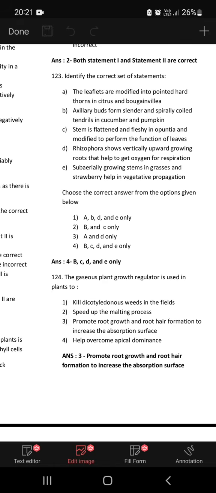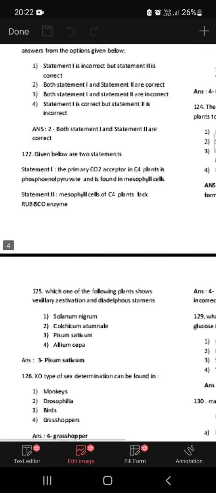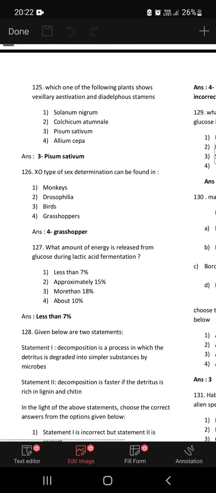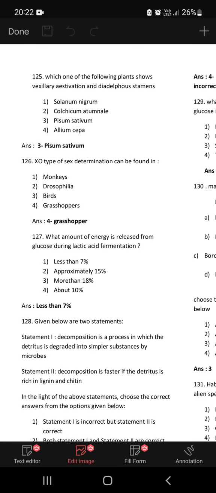Promote root growth and root hair formation to increase the absorption surface. Next question is from taxonomy. Which of the following plants shows vexillary aestivation and diadelphous stamens? It is from Fabaceae, so you just have to identify the member of Fabaceae. Solanum nigrum is Solanaceae, Colchicum autumnale is Liliaceae.